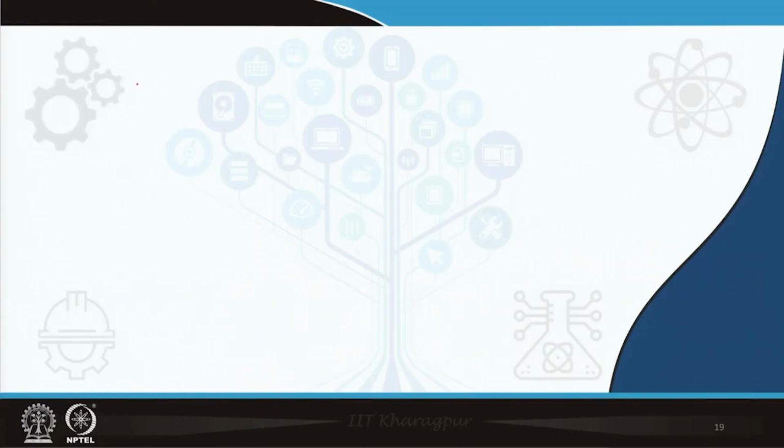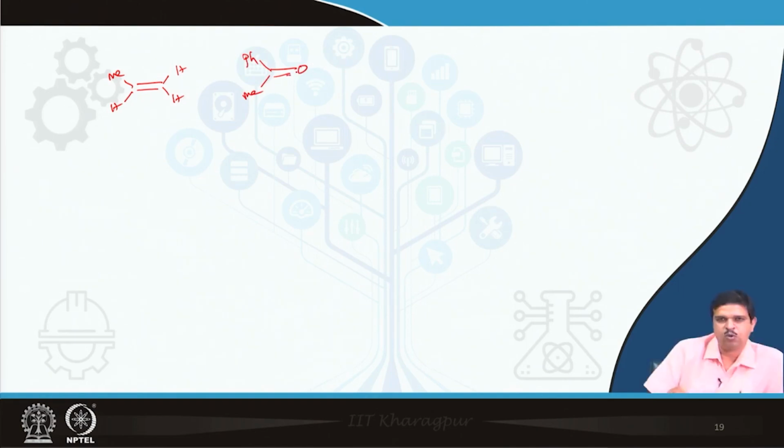from, let us say, a prochiral molecule like this one, that is propene. All of you know this molecule, the acetophenone. So, this is also a prochiral molecule.